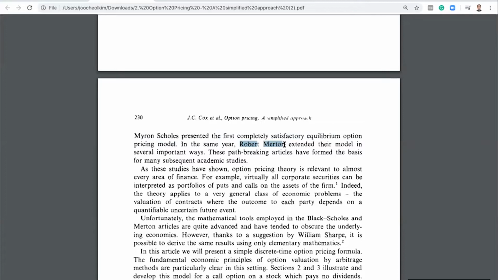Robert Merton is another contributor to option pricing theory, but since he was not involved in the Black-Scholes paper, Black and Scholes together wrote a paper, and then Merton wrote another paper based on the Black-Scholes model. But actually the mathematics used in the Black-Scholes model depends heavily on Robert Merton's paper, and they were all colleagues at MIT at that time.